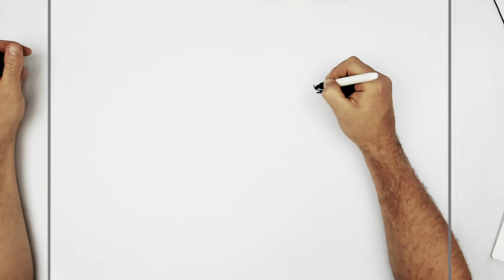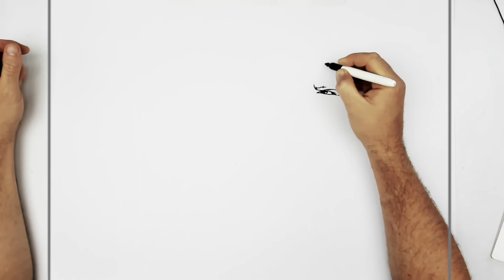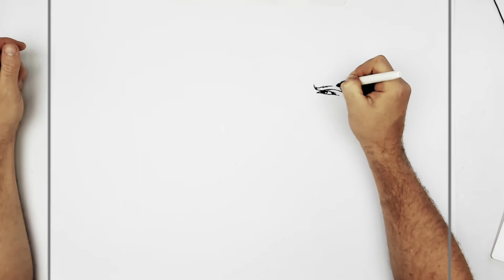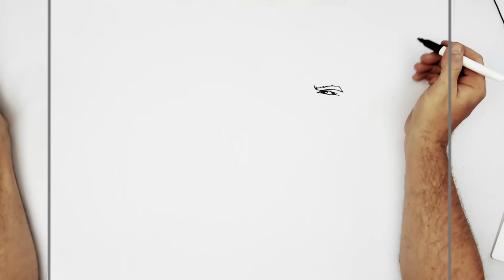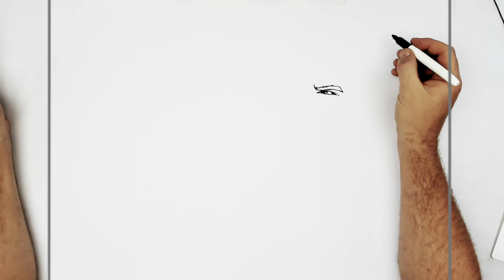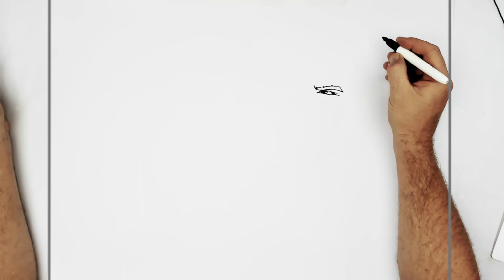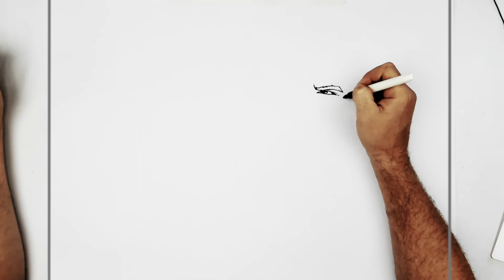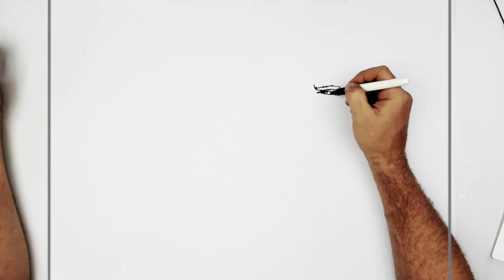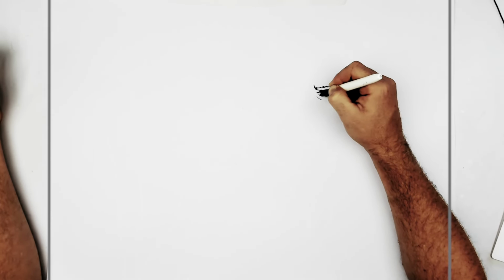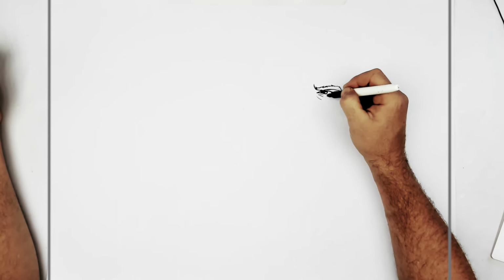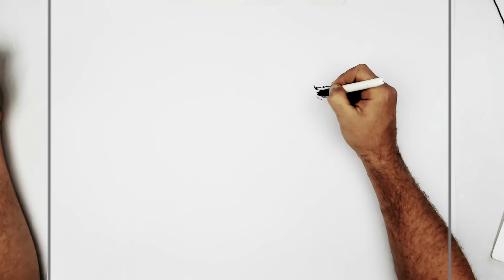And then some sort of eyebrow area there. And maybe just like bags under his eyes a little bit. There's loads of scars and stuff, but we'll do this first.